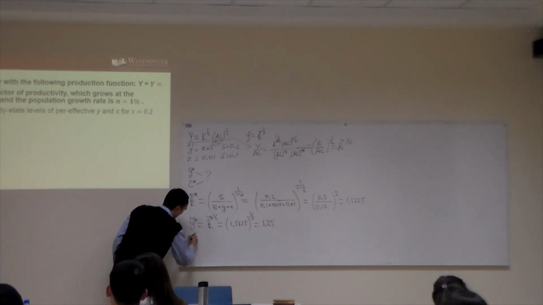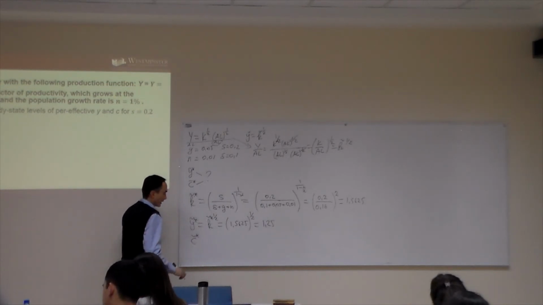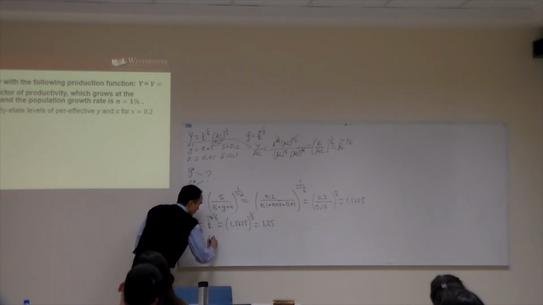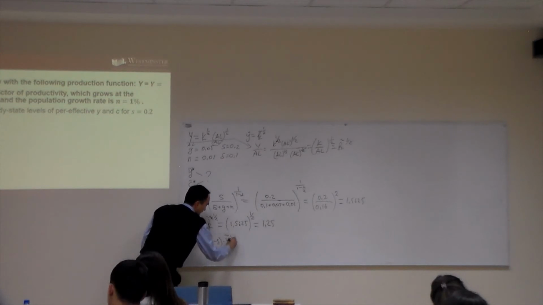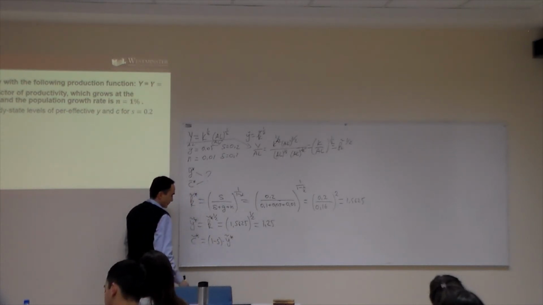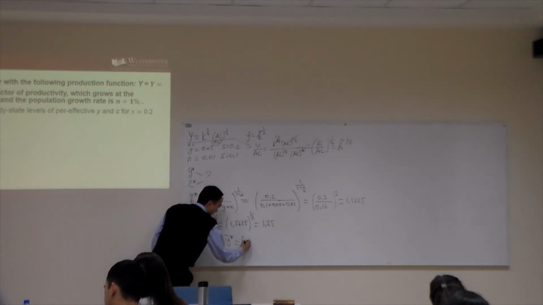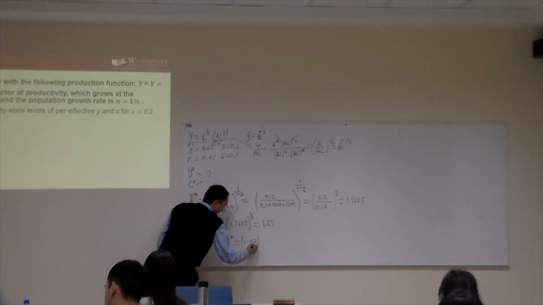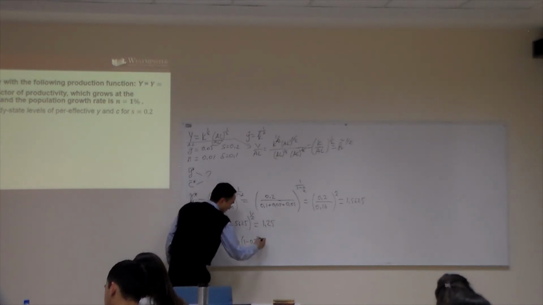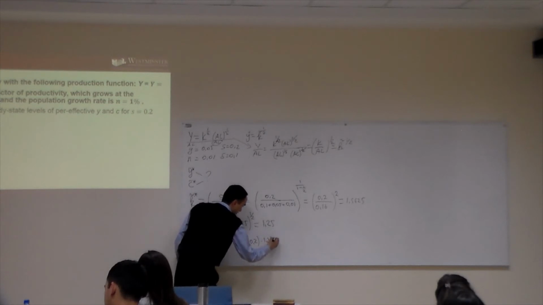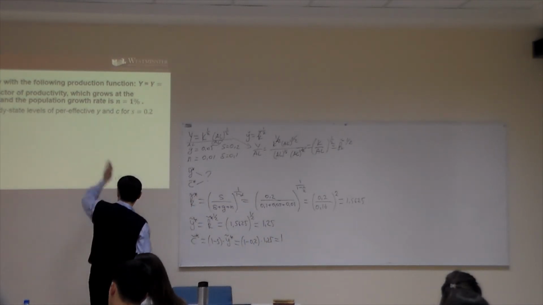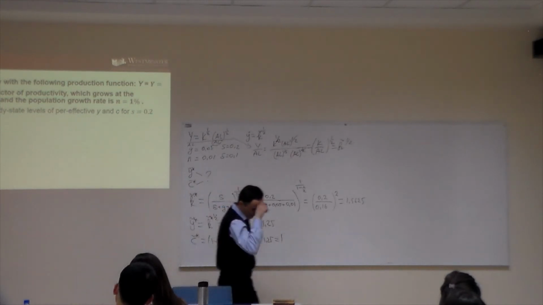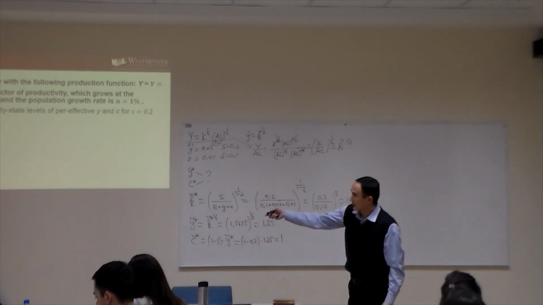Now, regarding consumption per effective labor, it's equal to 1 minus the saving rate times output per effective labor in steady state. Our saving rate is given, which is 20%, so 0.8 times 1.25, which is equal to 1. Yes? Okay. We quickly found it.